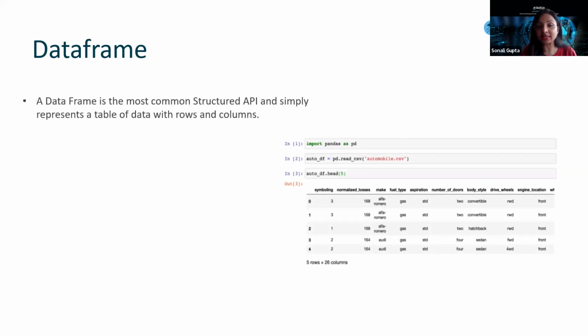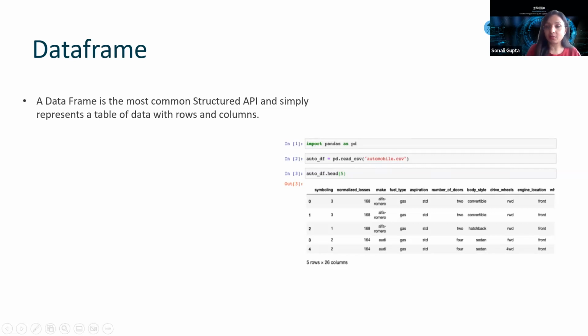On the left, you can see a small snapshot of how we import the Pandas library into our Jupyter notebook. For example, we import by saying import pandas as, and whatever variable name you want to use, in order to ease things when you write the code. Then what we are doing here is reading a CSV file, which is a set of data.